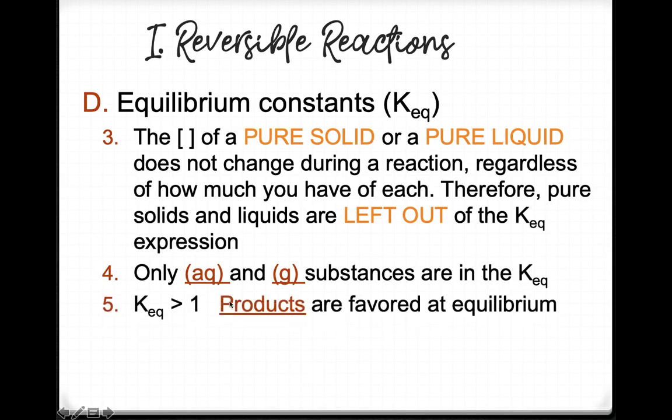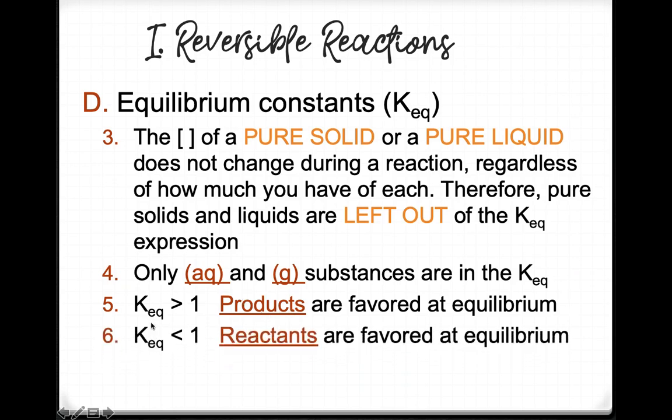And then the other thing that's useful is that if you see a KEQ greater than 1, you know that in that reversible reaction, you are more likely to have the products forming. If the KEQ is less than 1, you will know that in that reversible reaction, you are more likely to have the reactants be favored. And that can be really important for some type of industrial reaction where you want to produce products, so you know to pick concentrations that will force a KEQ greater than 1 so that products are favored, or the opposite.